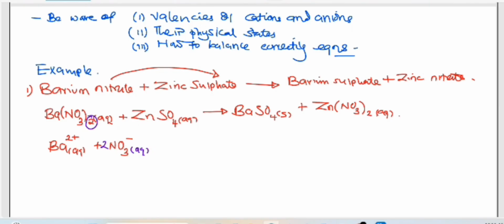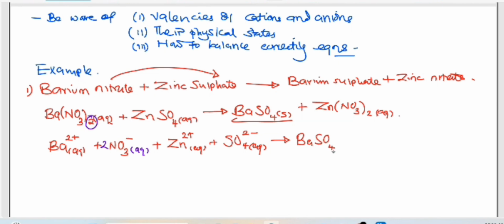It is in aqueous state, plus zinc ion aqueous, plus the sulfate ion, this is supposed to be negative, it is also in aqueous state, so that this leads us to this one. We'll write it in complete form because it is our main product that we are after.